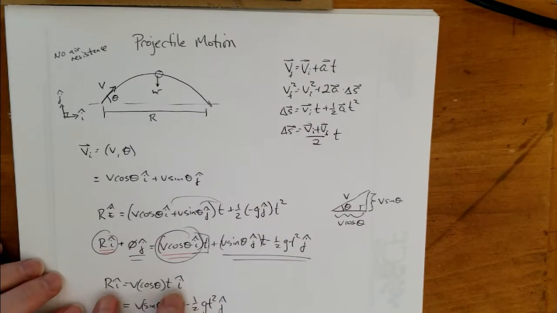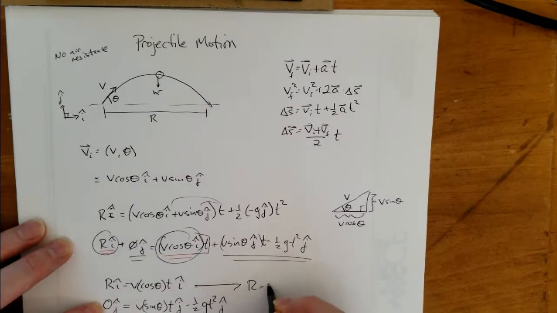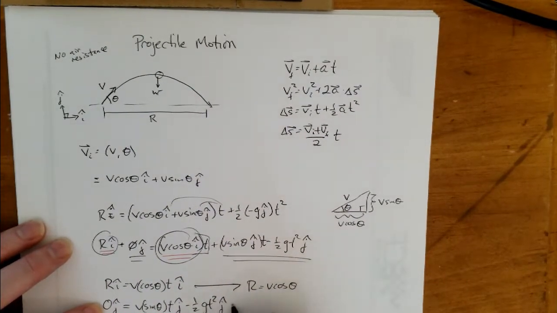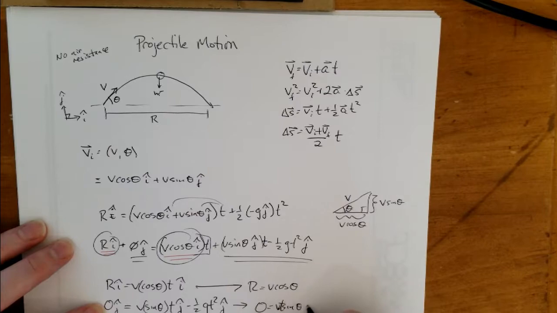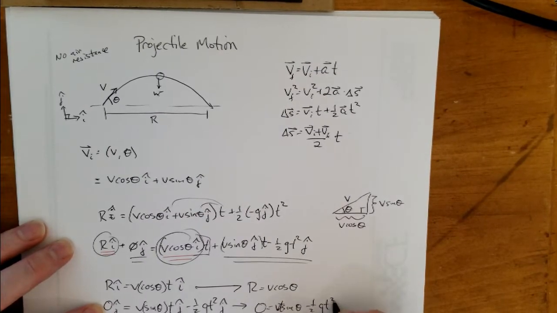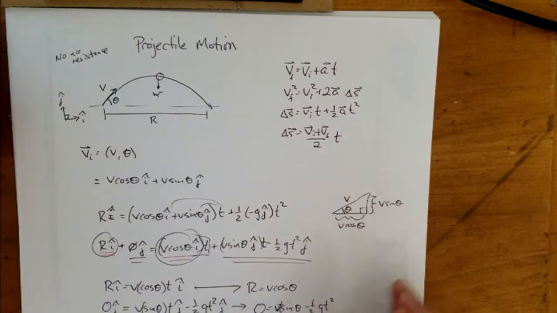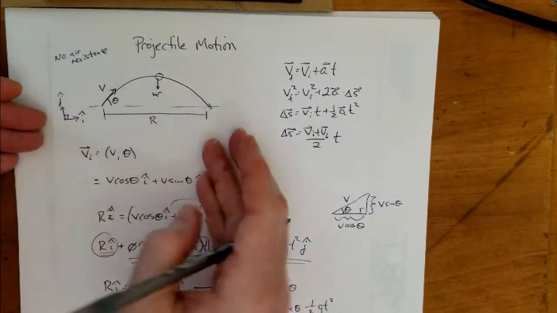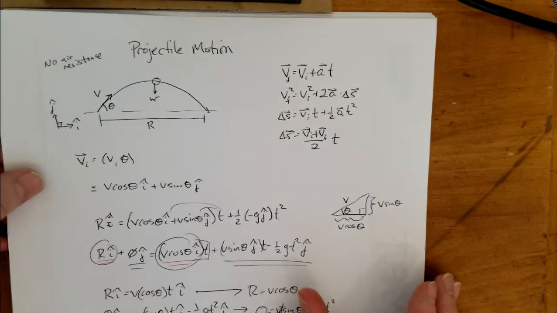Well, since I have i hat on both sides at this point, I can just simplify this into r equals v cosine theta times time. And on this one, 0 is equal to v sine theta times time minus 1/2 g t squared. What I've done is I've broken it up into two different problems. I've broken it up into a horizontal problem and a vertical problem. And that is the trick for doing projectile motion problems.